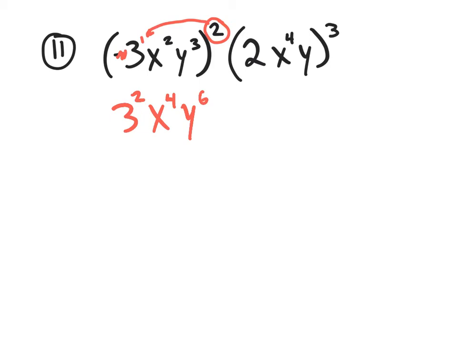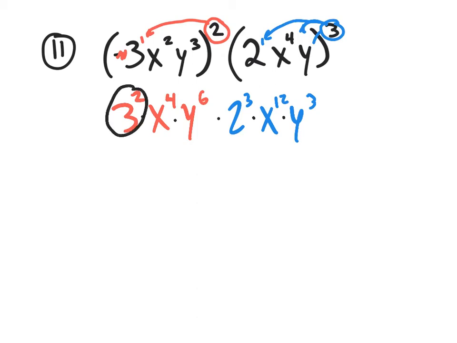Perfect. Okay, now looking at the other one, we're going to take this 3, put it right there on the 2 to the 3rd, x to the 12th, and y to the 3rd. So now, since it's all pure multiplication between each and every term, let's actually write our coefficients first, the 3 squared, which is 9, and the 2 to the 3rd, which is 8.